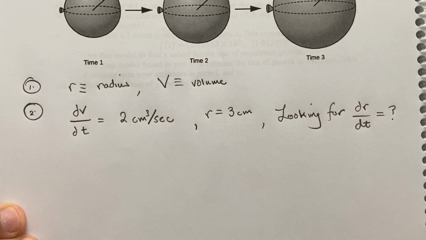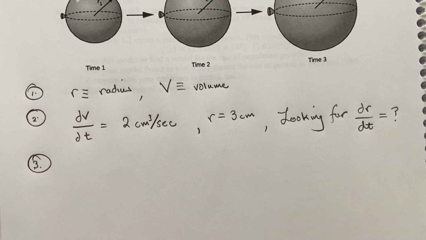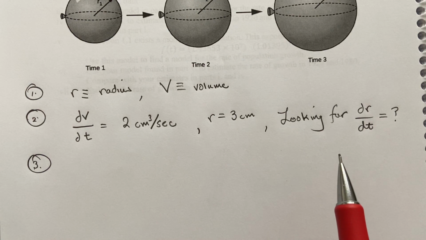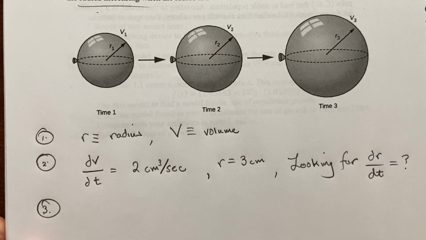On to part 3 of that 5-step process. So step 3 says to figure out an equation that relates the variables. So now that you've defined the variables that are involved or important, you now want to find a governing, overarching equation that relates those two variables of interest. So it's a natural equation in this one.